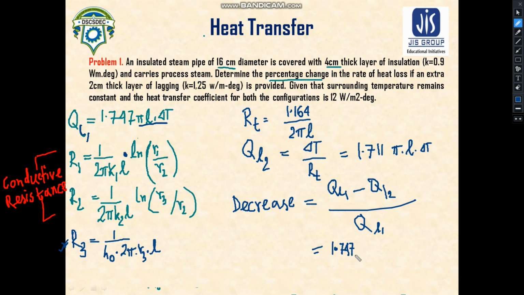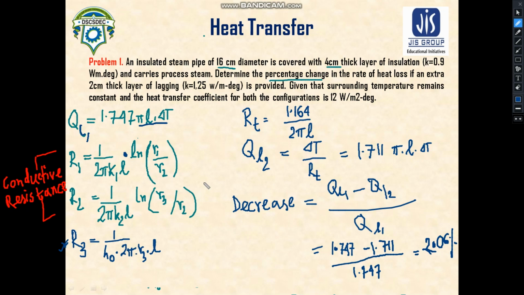So 1.747 minus 1.711 divided by 1.747, and ultimately after the calculation you will find that this value is 2.06%. Because of the 2 centimeter insulation provided in the second case, the heat loss is reduced by 2.06%. This is what was asked in the question. So we have found the heat loss decrease as 2.06%.